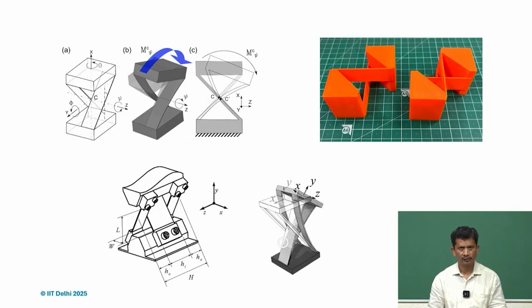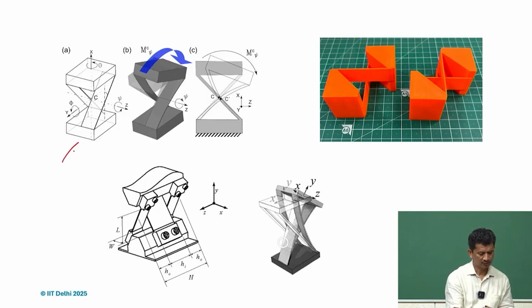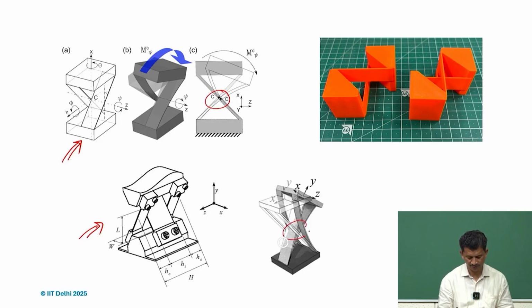So what we have now are these arrangements. This is non-symmetric and this is the symmetric one. You can see the center part moving as it deforms. Same here.